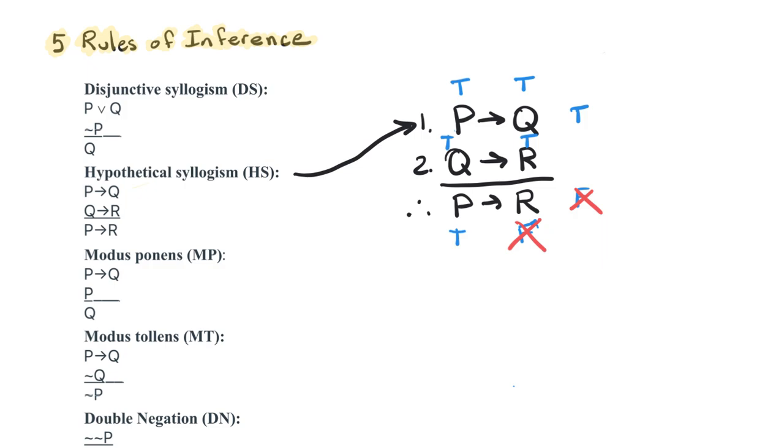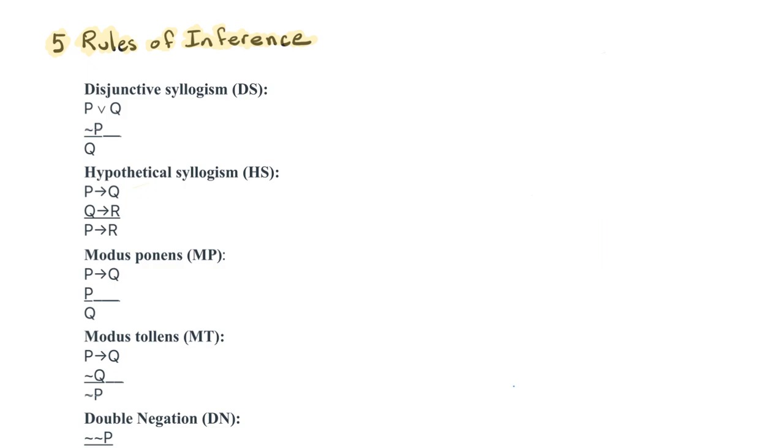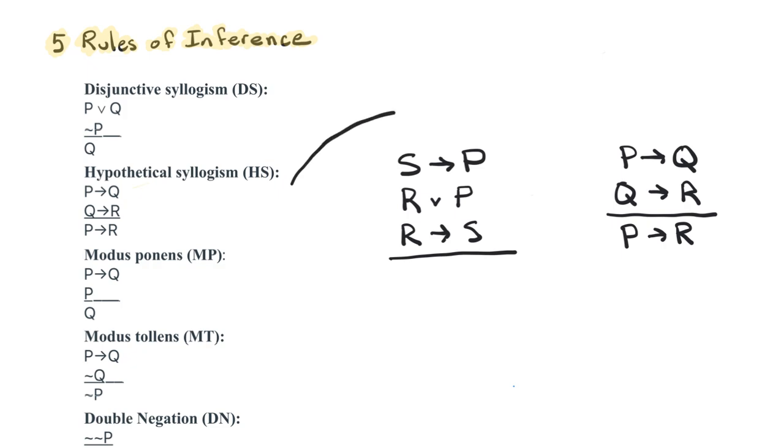So let's take a look at how that might look in a derivation. We should be able to recognize the general form of the hypothetical syllogism over here on the right.